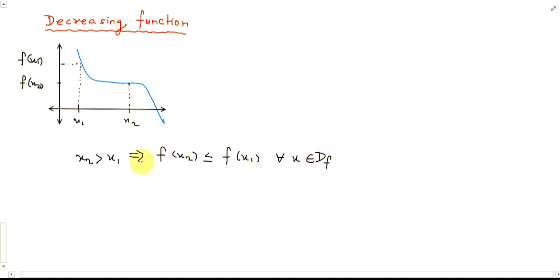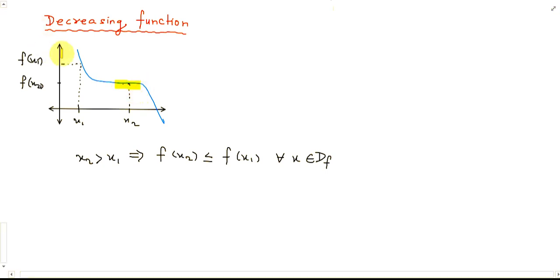See here we have taken f of x2 less than or equal to f of x1. Why so? If we focus on x in this region, we find that f of x2 is equal to f of x1, which means values are going to be equal in this region.